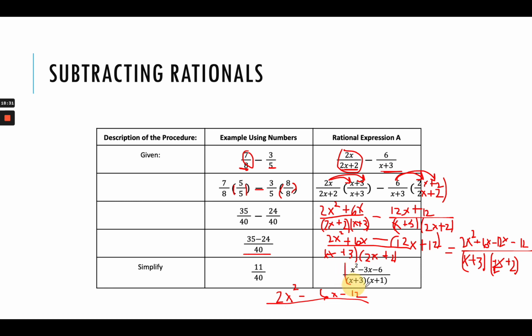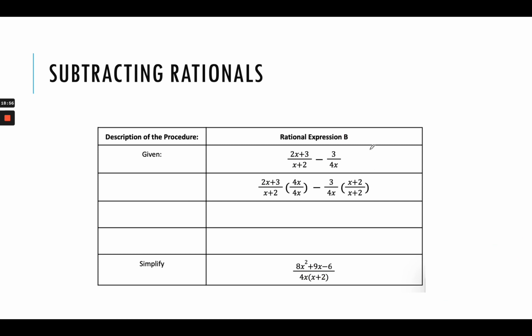That's how they got this answer, but if you leave it just like this, that is perfect. You don't need to simplify it more. So you get 2x plus 2. Okay? All right.